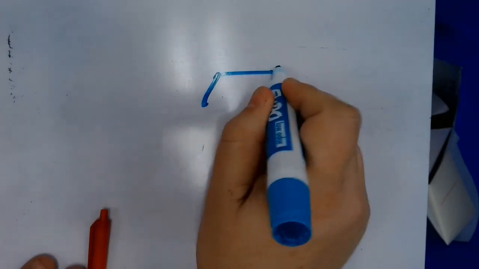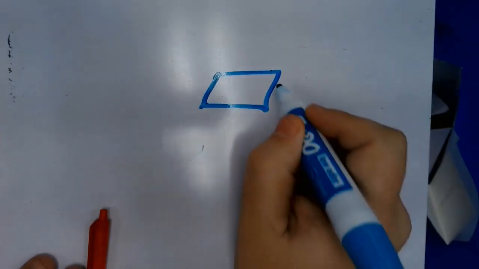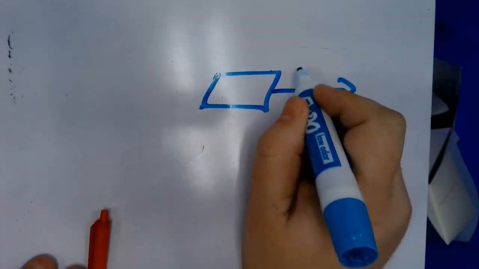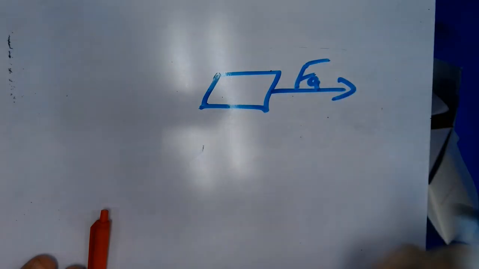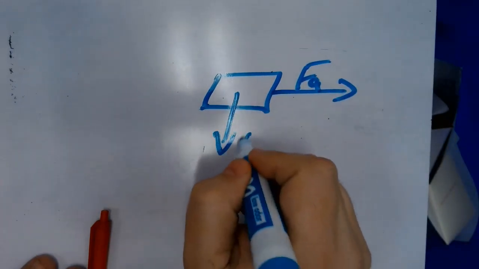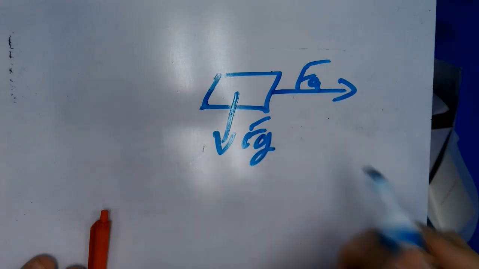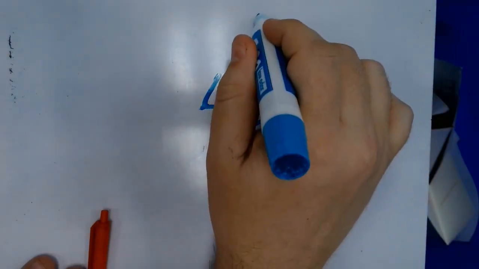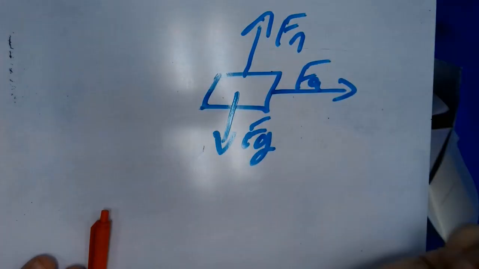Now, for friction, we have an object. This is called a free body diagram. We have some sort of applied force this way, usually, and we have some sort of force of gravity. And then we have force normal, okay? And this is, again, the force pushing back from the surface, right?